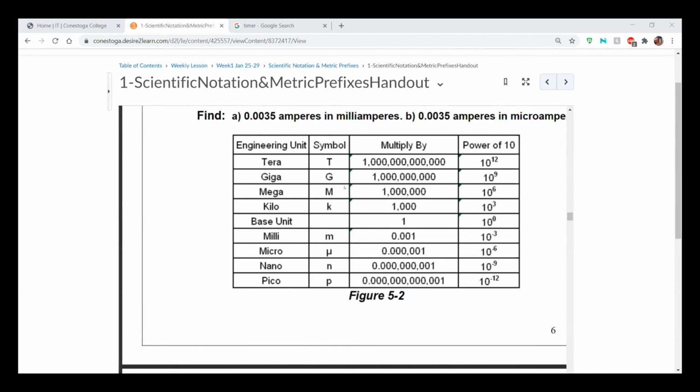It is because page 11 has all the problems that we are supposed to be solving after reading the whole chapter or the handout. And page 6 is where we find the explanation to all these different concepts. So we have the engineering units: Tera, Giga, Mega, Kilo.